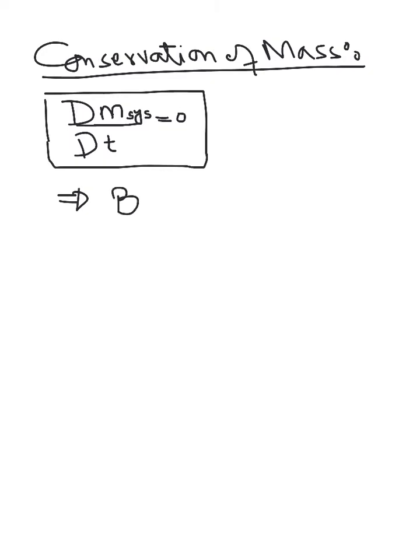So if this is my extensive property that I will set as the mass of the system, then my intensive property will be nothing but B, capital B divided by M. So this will be M divided by M, which gives you a 1.